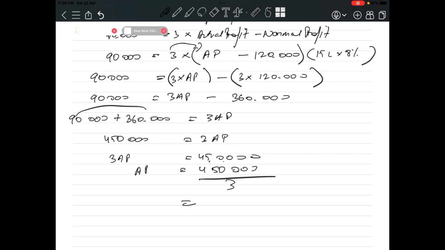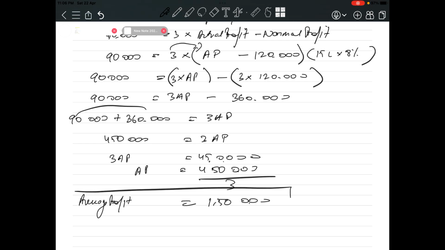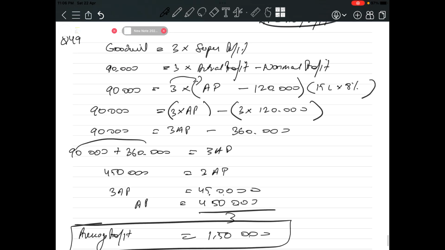The average profit is 1,50,000. Simple, right?